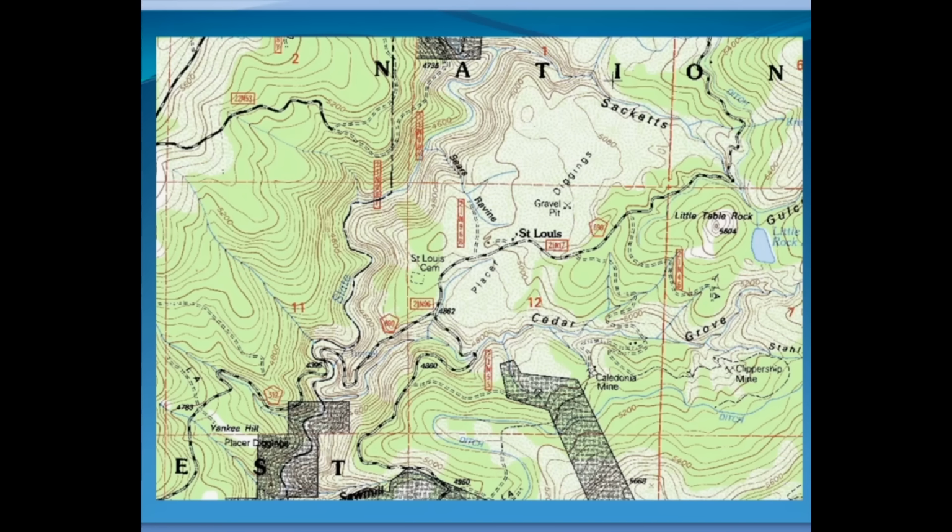Okay, so here's an area called the St. Louis area. It's part of the LaPorte, Howland Flat region, and there are just little placer mines scattered all over here. Although a number of them are shown, the area of placer diggings is huge, and there's large areas that have been worked in the past and produced a lot of good gold.